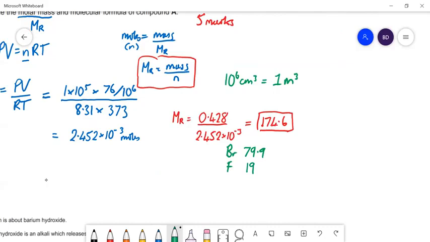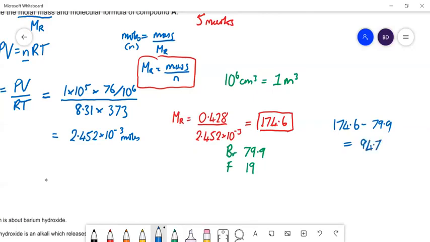Right, let's say so we do 174.6 minus 79.9. That's the mass of the bromine there. A bit of trial and error involved in this, really. 174.6 minus 79.9, that gives us 94.7.